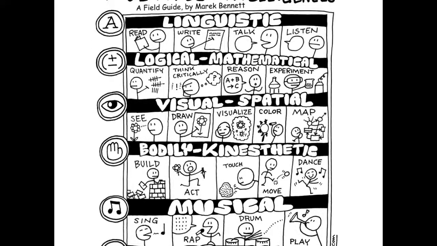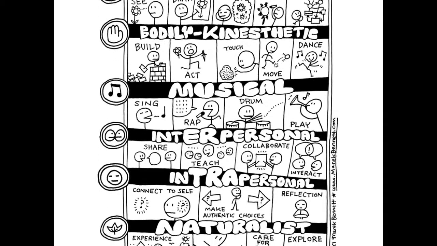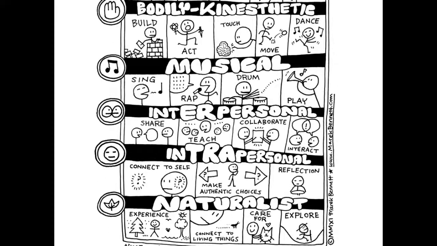Bodily kinesthetic students learn best through being able to physically interact with the material in some form. Musical students learn best by incorporating music into the lesson. Interpersonal students learn best by being able to do group activities or have a dialogue throughout the lecture.